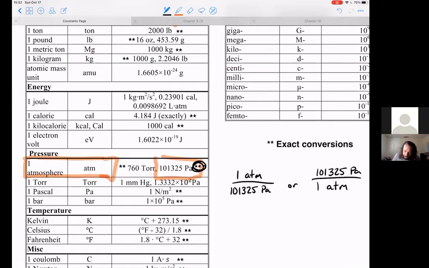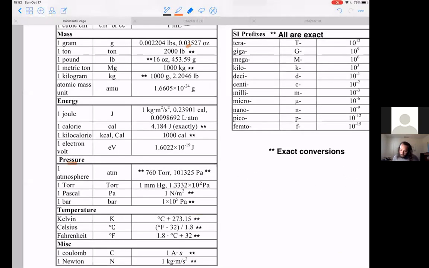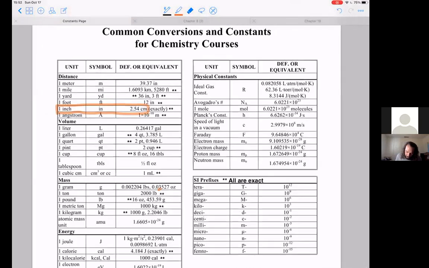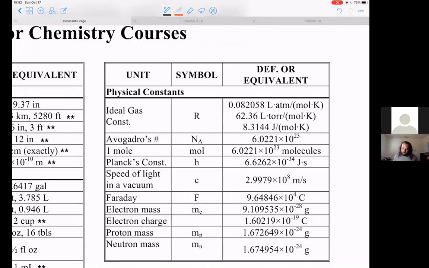If we look at our constants page, and this is what we're really going to use, so let's not even bother with what was given there. Let me get rid of all those. We go to our constants page. Here are the ideal gas constants that are given. Okay, so this one here, which is in units of liter ATM per mole Kelvin.